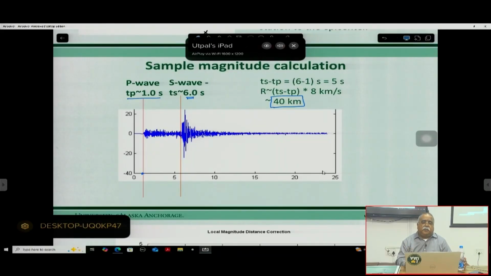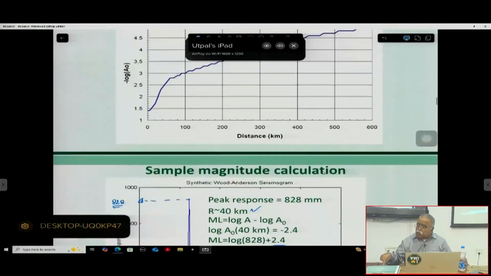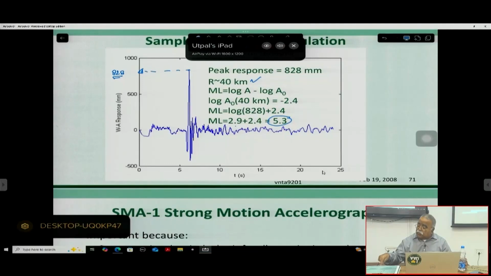So you need to know your instrument magnification as well as the period, and then you incorporate that value into your parameters. They first deconvolve your results from that magnification, then multiply with the Wood Anderson seismometer response, and then calculate the Wood Anderson response values, right? So that will give you the magnitude calculations.